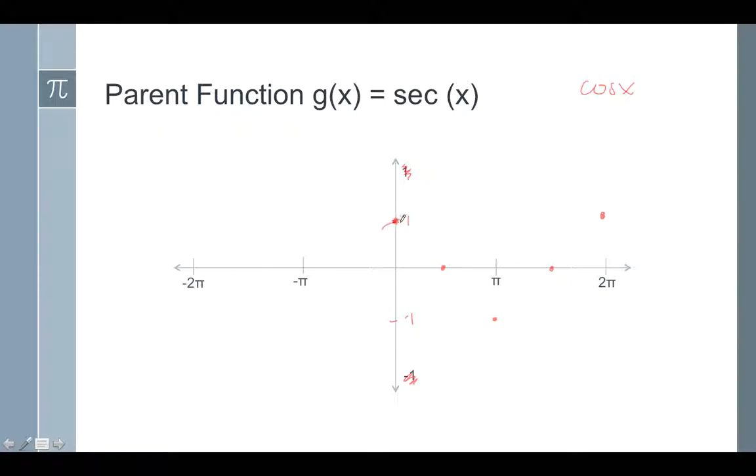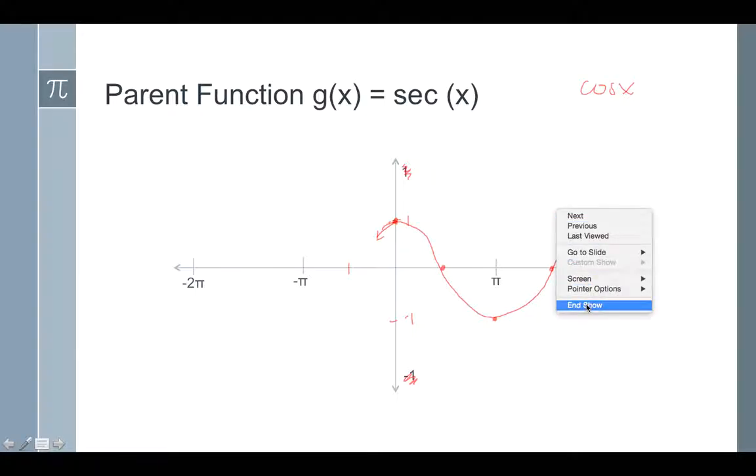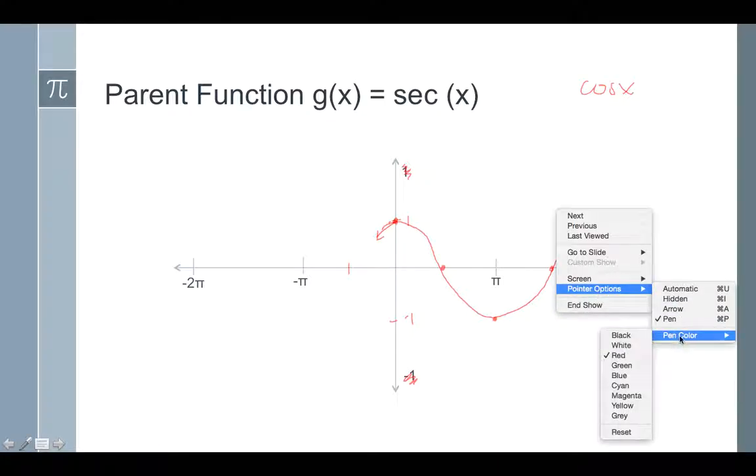And it's going to go thusly. And I didn't really mean to draw that in as a solid line. Think of it as a dashed line because it's not really there when we draw secant.